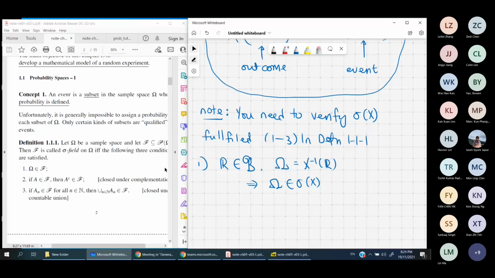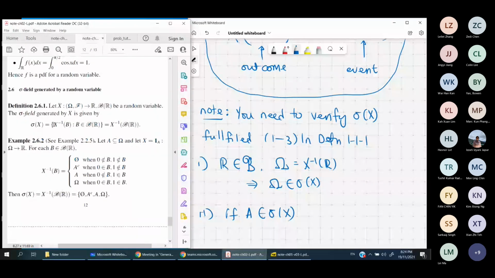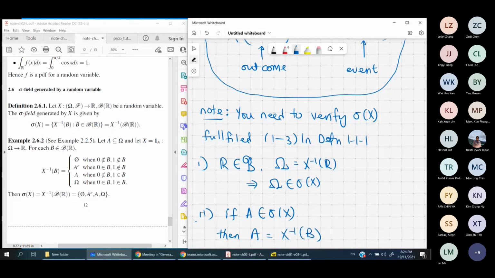Okay, and secondly, let's say you have something inside here. Maybe I just put one more. Yeah, the third one. So let's say A is inside here. By the construction, it must be in this form. So then A must be equal to X inverse of B for some Borel set B. Okay, this is the one.